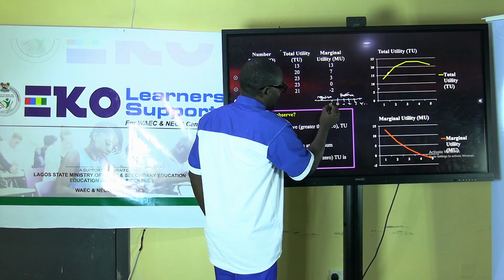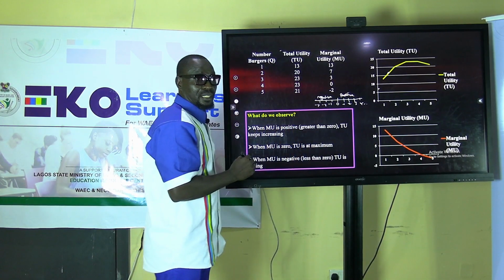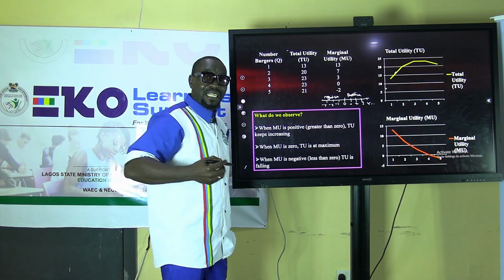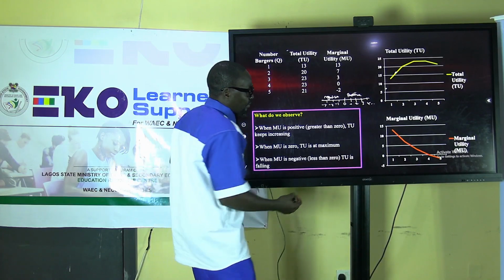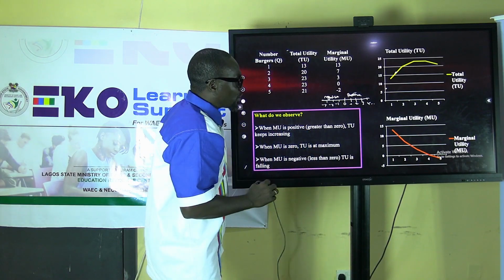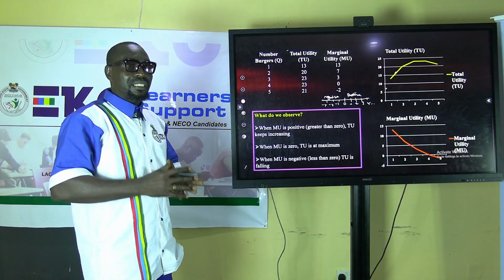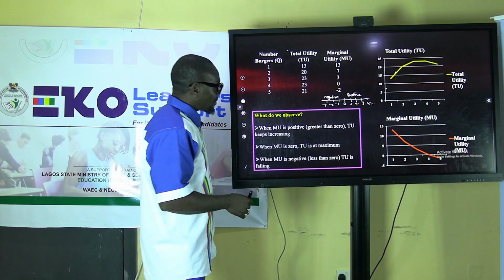And to the left, you have -1, -2, -3, and so on. So when you say positive, we mean greater. The language can also be greater than 0. It may say when marginal utility is greater than 0. When it is greater than 0, it is positive, total utility is rising. So when your marginal utility is greater than 0, is positive, your total utility is rising.